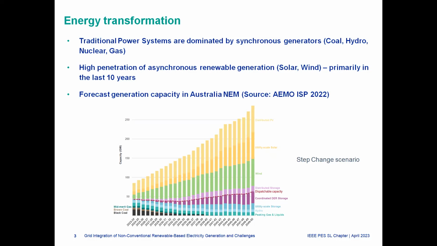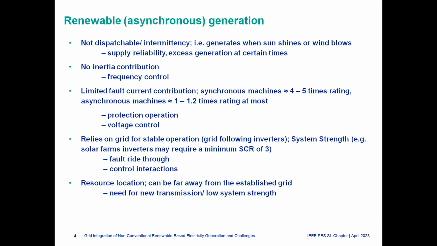But there are significant differences. If you look at asynchronous generation, we know that they are not dispatchable. That means they are intermittent. When the sun is there, solar farms can generate, or when wind blows, wind farms can generate. So there is a significant risk with supply reliability.